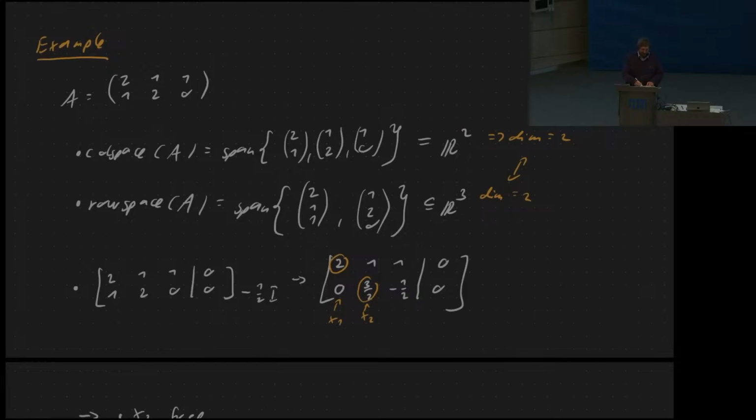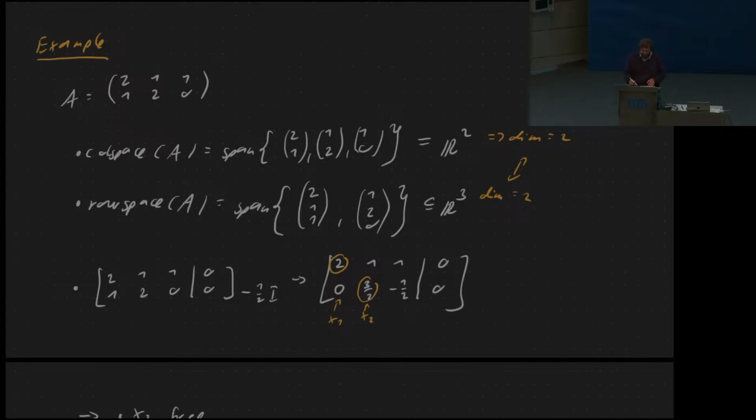The row space is the vector space spanned by the rows, and usually, just by convention, we still write those as columns if we talk about the space, right? So that means we write them in this way and say, well, the span of those two is the row space, and you can see this is a subspace of R3. And again, if you look at the dimension, we just have 2 vectors, so it can at most be 2.